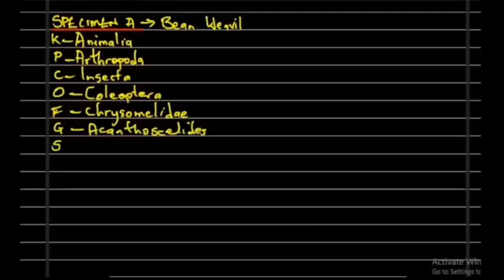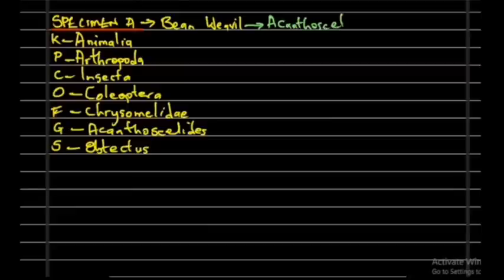And then we have the species to be obtectus. So with this, we can write out the scientific name of this organism to be Acanthoscelides obtectus. That is the scientific name of this organism.